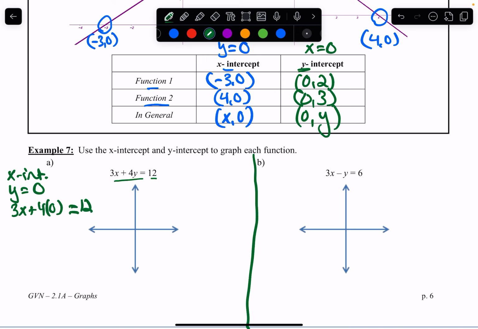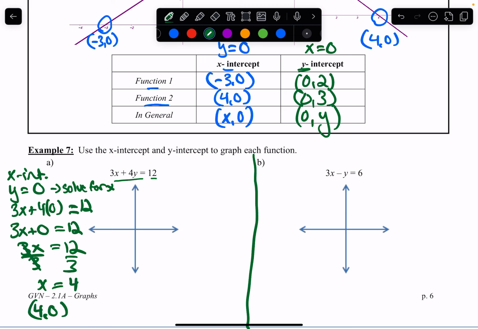Now we solve for x. 3x plus 0 equals 12. 3x equals 12. We divide by 3 to isolate x. X equals 4. So our x-intercept is (4, 0). 1, 2, 3, 4, right here.